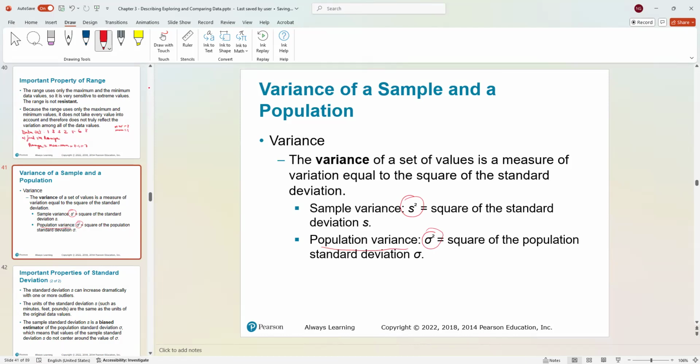Remember this one: lowercase Greek letter sigma. That's what it means.